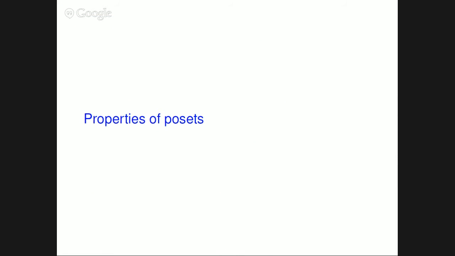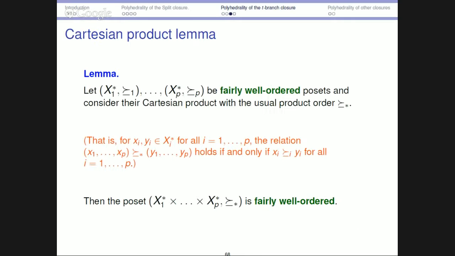So now we need some properties of these orders that are not necessarily the ones that the usual inequality has. The first property, I mean, we will not use this lemma, but we will use two corollaries. But this lemma is saying the following.